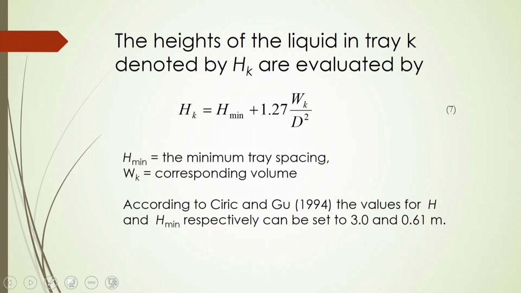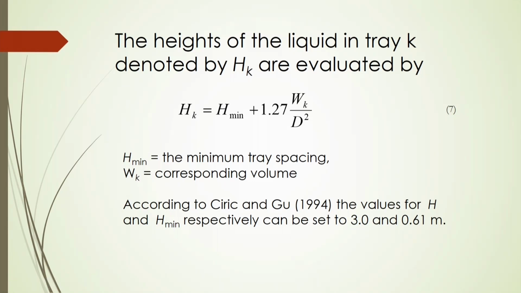The height of liquid in tray k, denoted by Hk, is calculated as Hk equals H mean plus 1.27 times Wk over d squared, as per equation number 7.